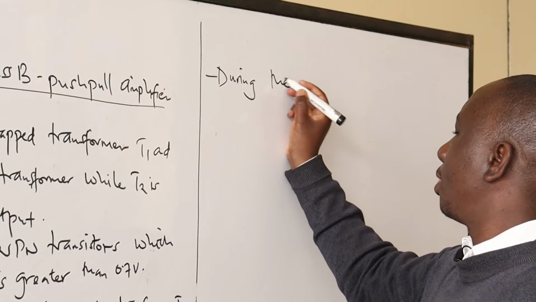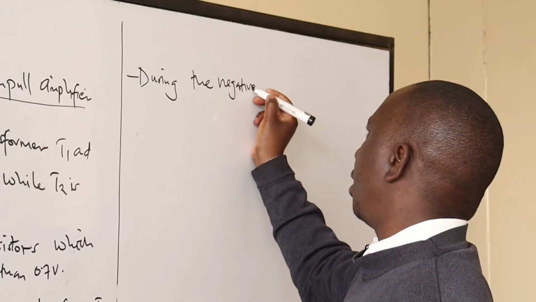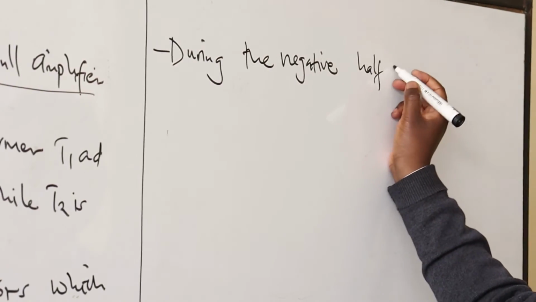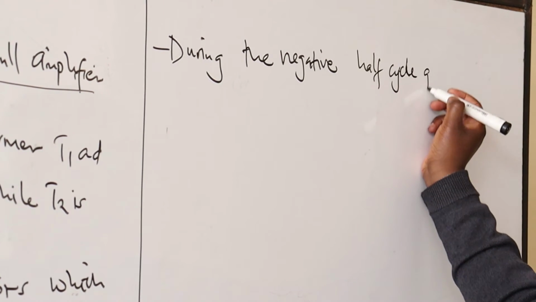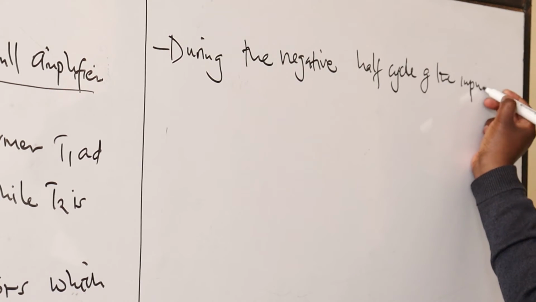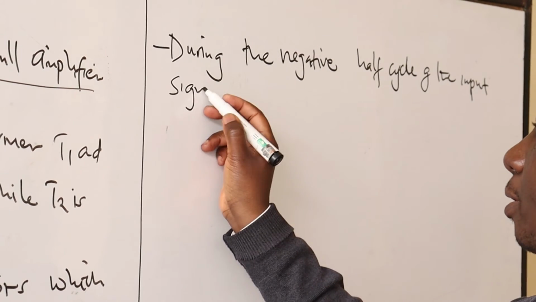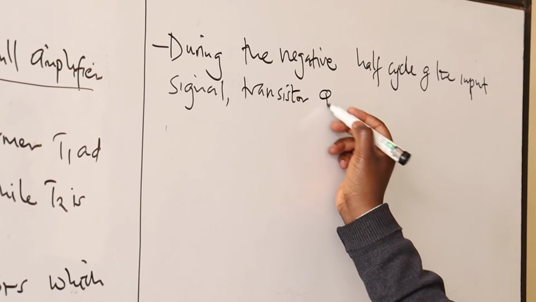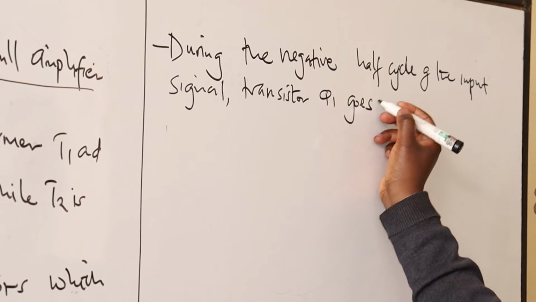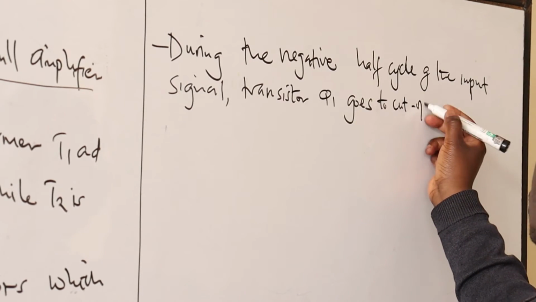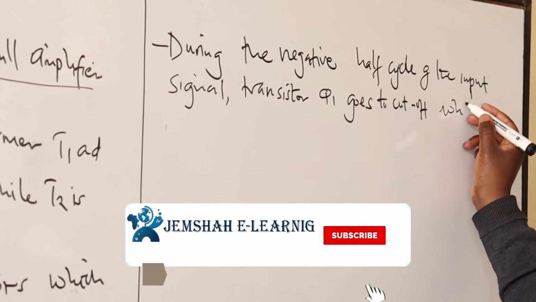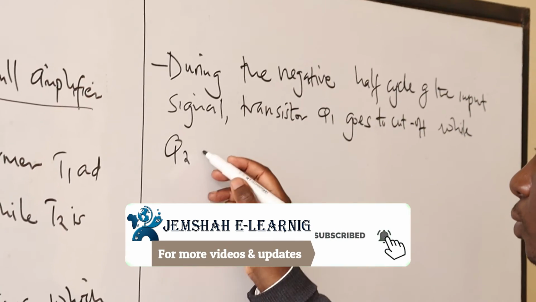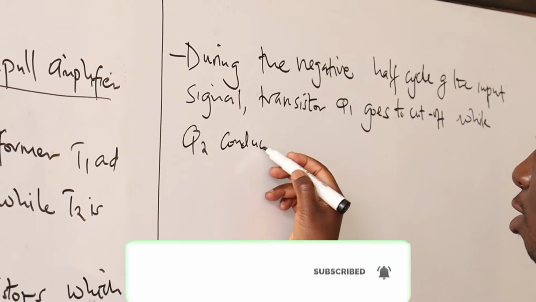During the negative half cycle of the input signal, transistor Q1 goes to cutoff, while Q2 conducts.